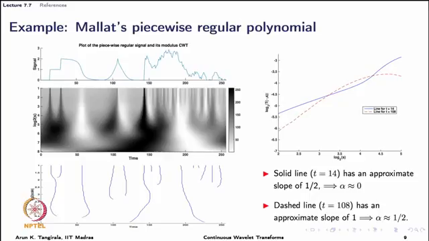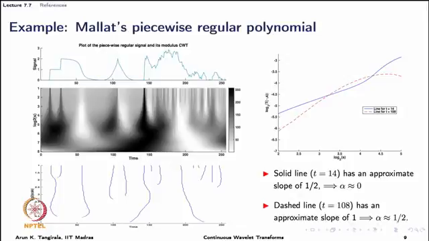If I look at the blue line corresponding to t equals 14, the slope is roughly half, and therefore that gives me alpha equals 0, whereas for the red dashed line, which corresponds to the modulus maxima line at t equals 108, the slope is approximately 1, which means alpha is half.